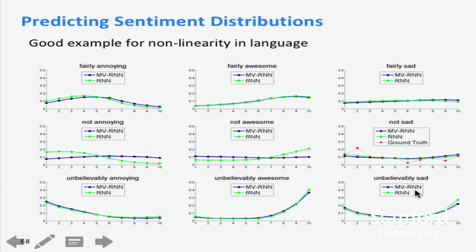But there are some things that the basic RNN just isn't able to capture, where our new model does a lot better. So if you look at these middle row ones, like "not annoying" and "not awesome", by itself, the word "not" tends to be a marker of negativity. People who go around saying "not" a lot are negative people.